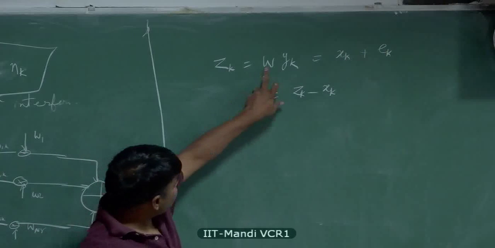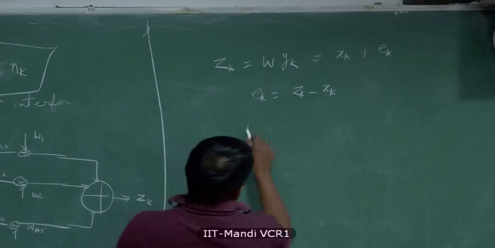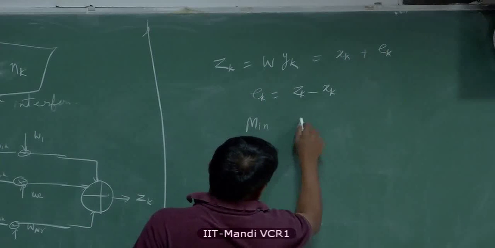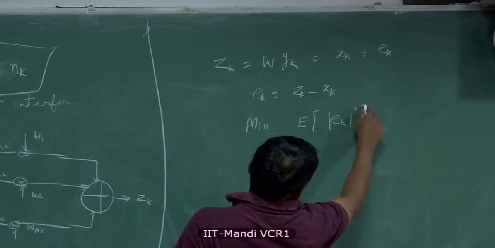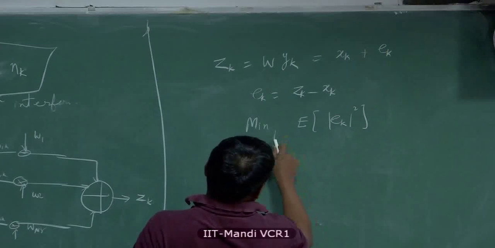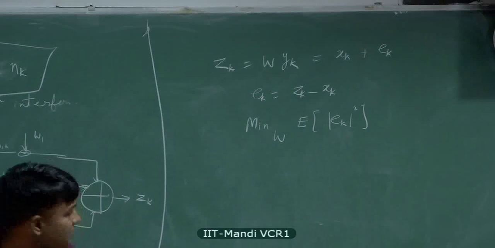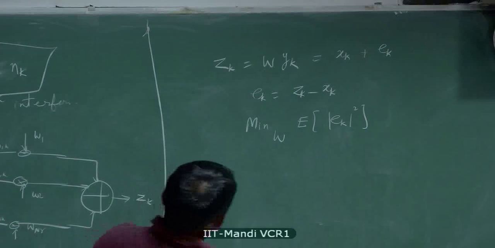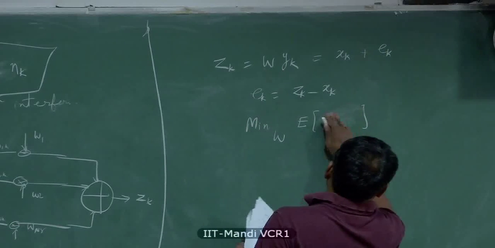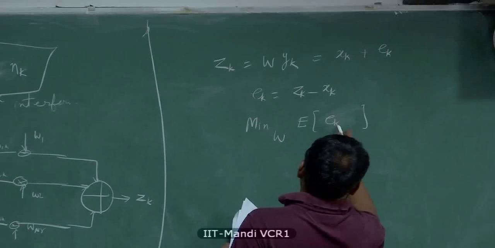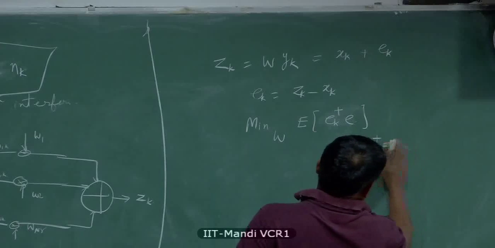To obtain these filter coefficients, we will minimize this error, the expected value of the absolute value squared of ek. Choose a filter W such that it minimizes this. But this xk must be a vector, right? So we should write it with the dagger, conjugate transpose.